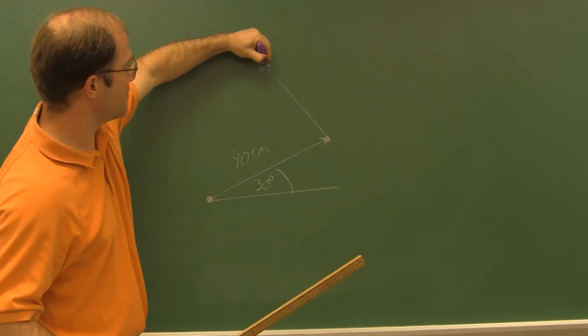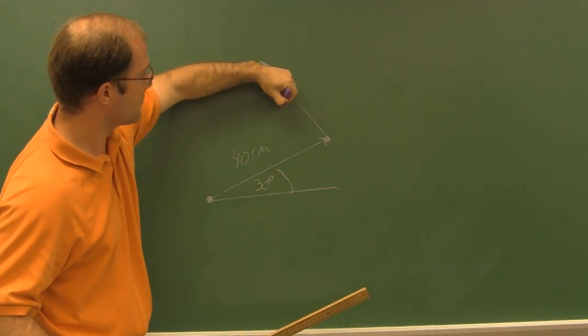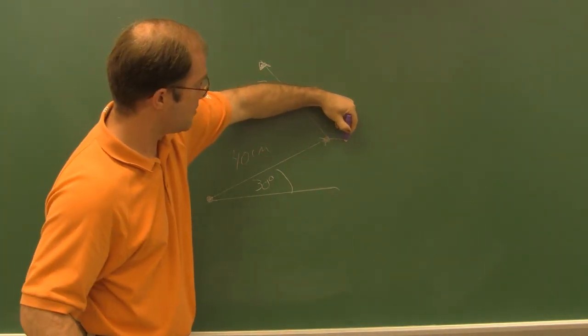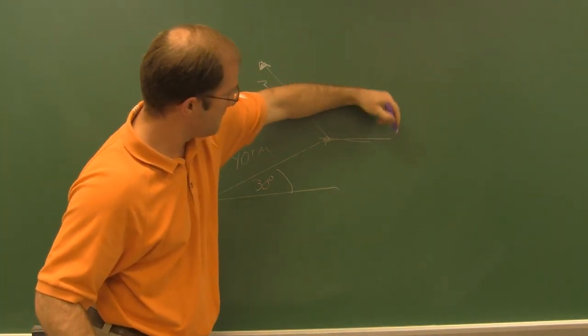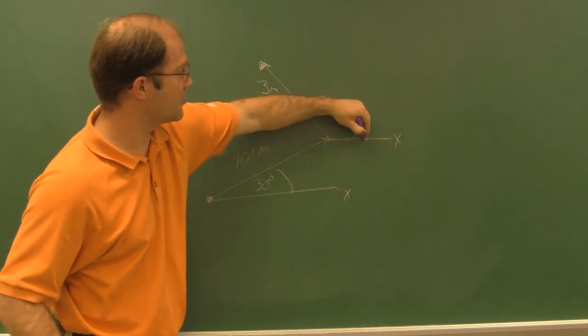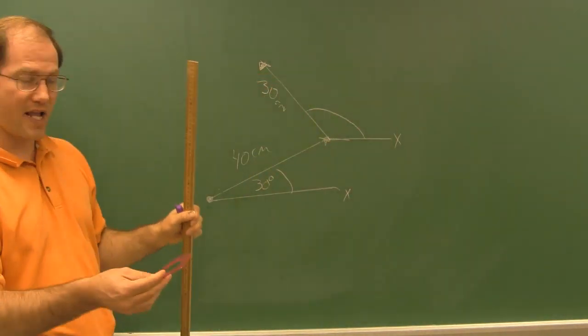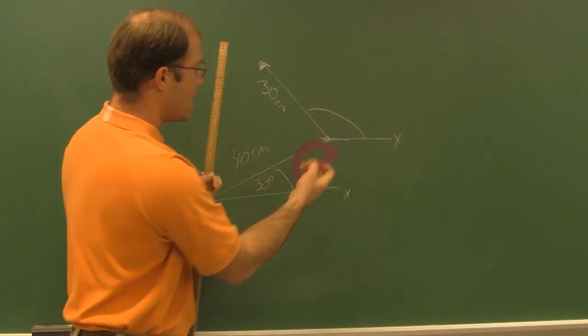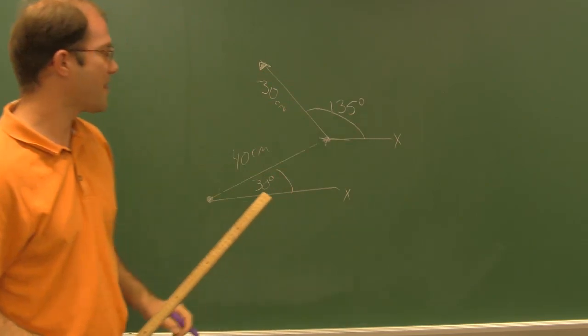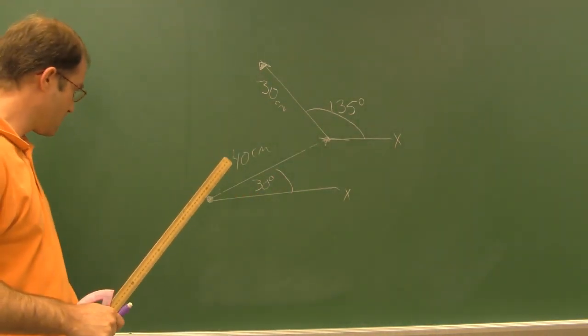So there's a 30 centimeter vector, and its angle is measured again up from the horizontal. So if this is the X direction, its angle is measured this way. And so it has an angle of roughly 135 degrees.